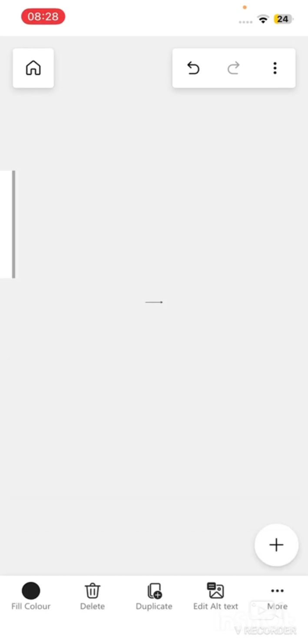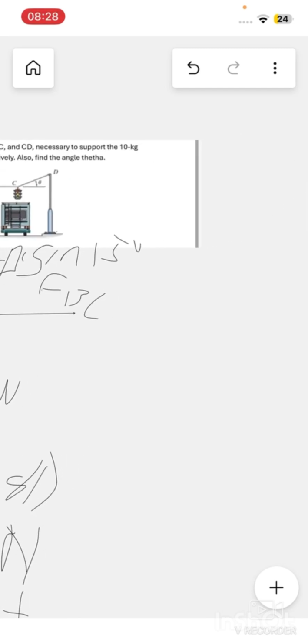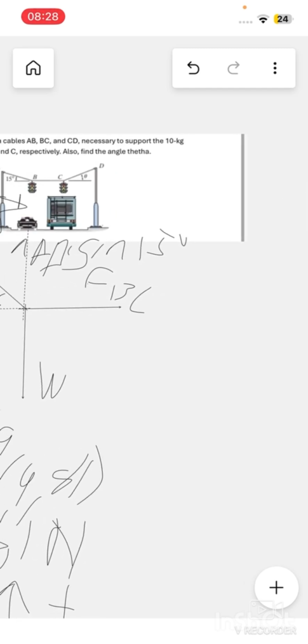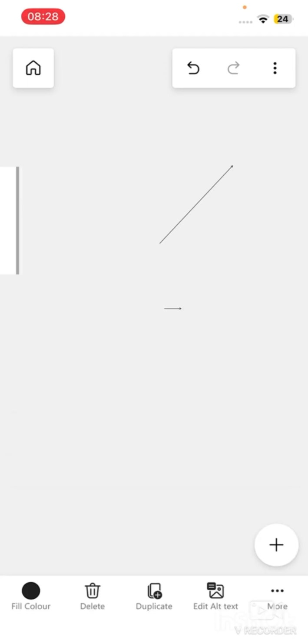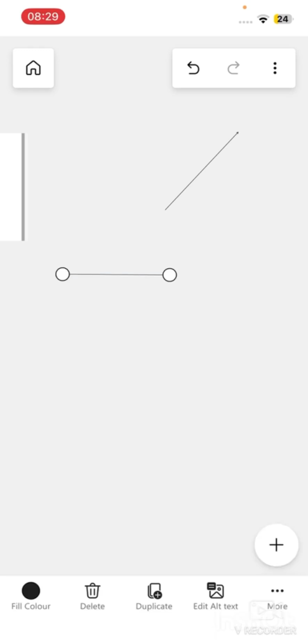We want to draw the free body diagram for point C. We're going to have a force that is going upward like this. The other one is to go downward. The other one has to go to the left.